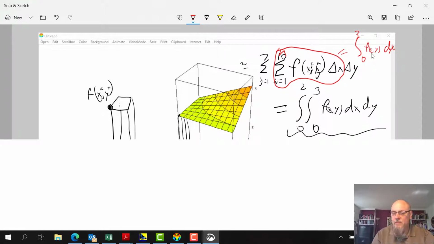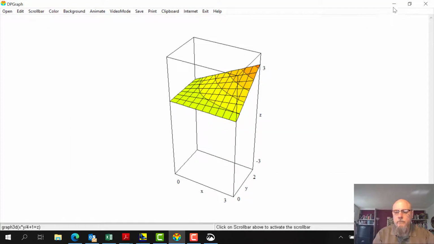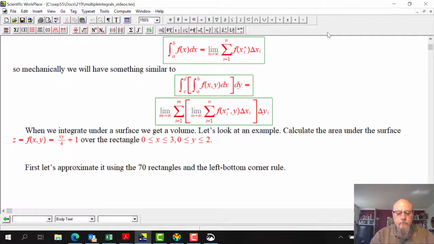That's just straight limit definition. And once I've replaced that, then I can think of the red thing as its own little function, and then the delta y to dy integral falls out from the limit definition. So if I'm approximating it using the left-hand end rule, that's what I get.